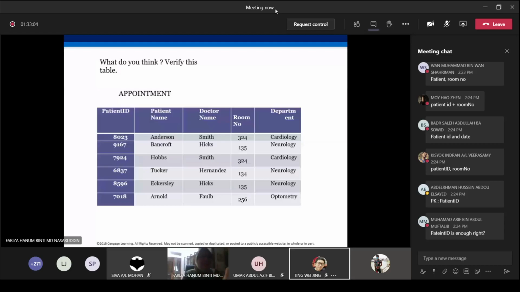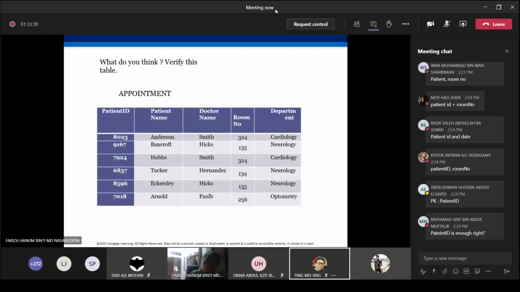Okay, so assuming that the patient will only have one appointment for today, that means there will only be one row for each patient. So if there is only one row for each patient, then the patient ID can be the primary key.